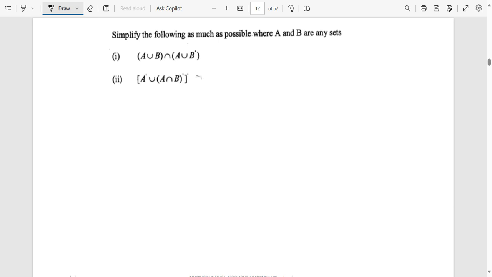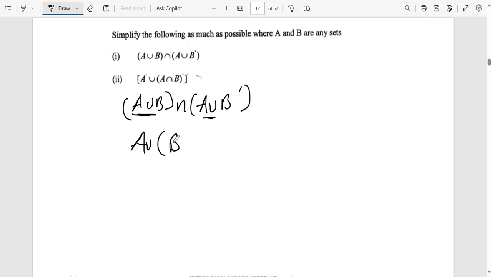Okay, let's answer this one. Simplify the following as much as possible where A and B are any sets. So let's start with the first one. The first one is A union B intersection A union B complement. Now you can see there's A union, factorized A union.